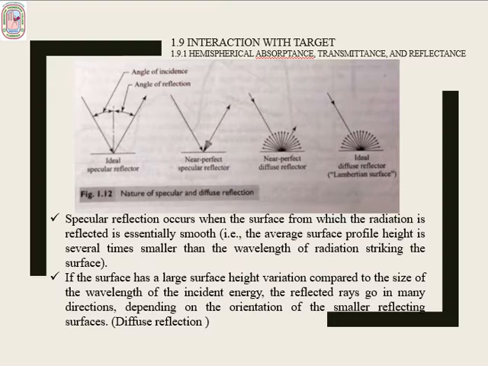The next one is the ideal diffuse reflector, a Lambertian surface, which is a rough surface with equal distribution in all directions. The third diagram shows the near perfect diffuse reflector in one direction, which is giving a high reflectance value.